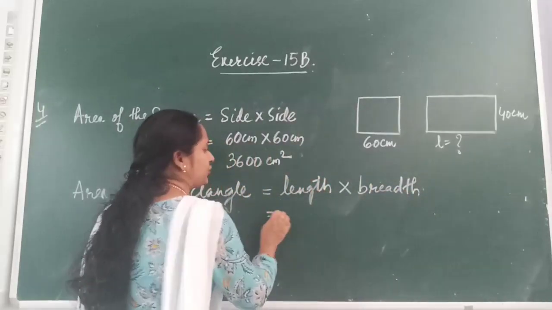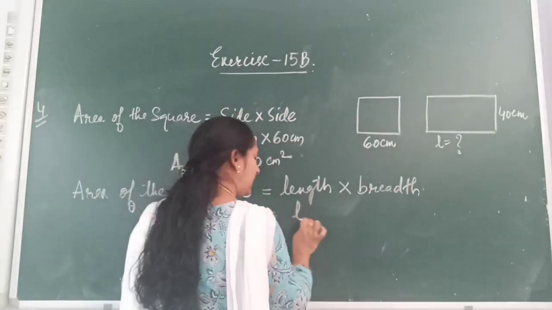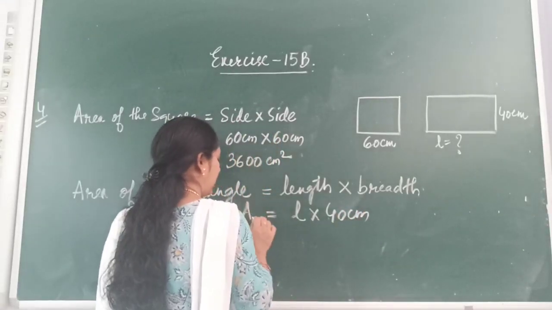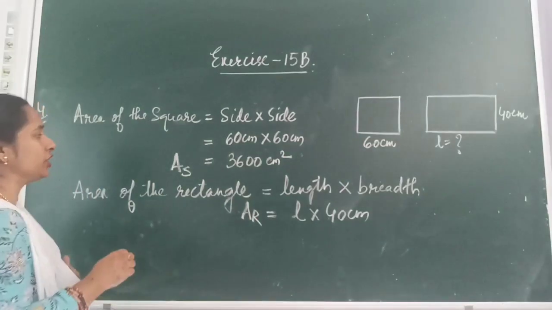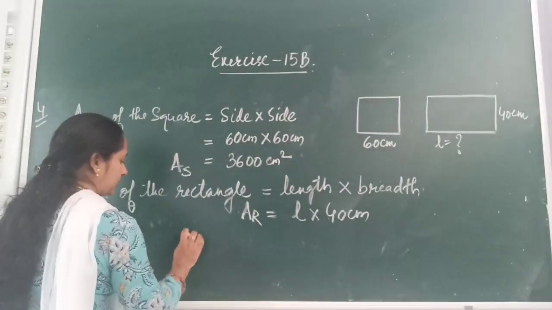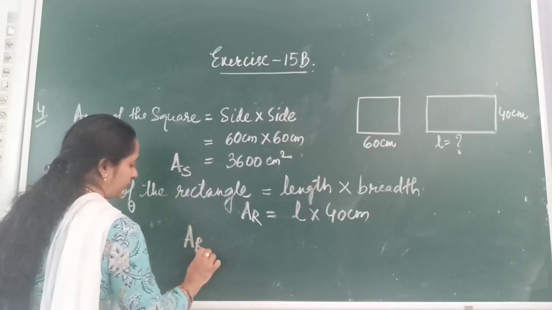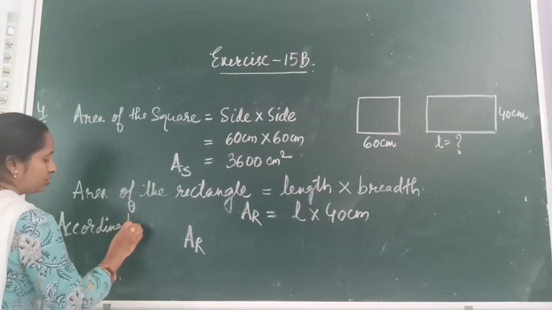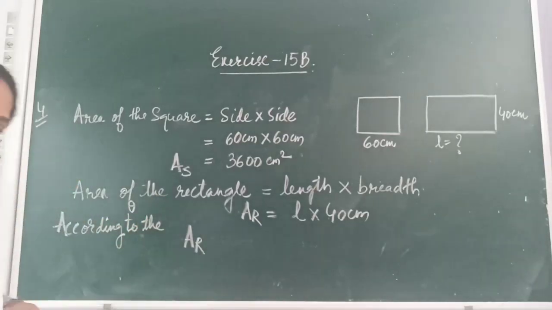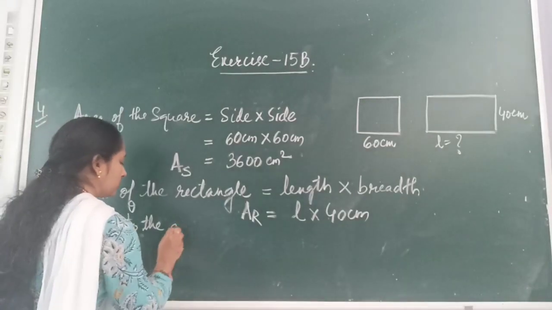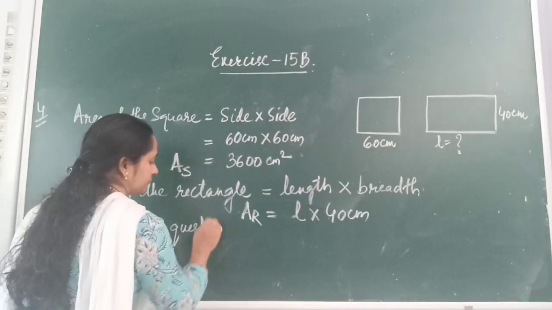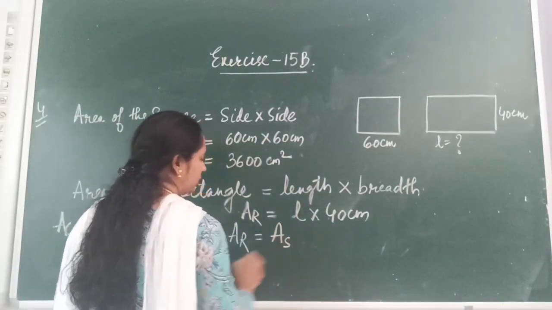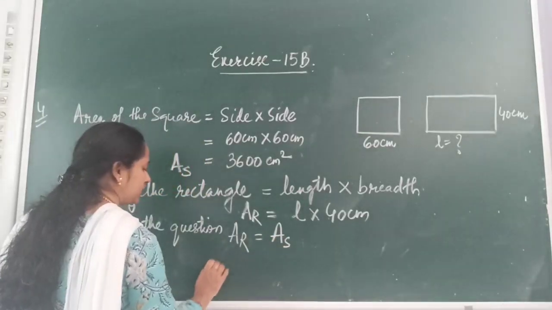So let us assume the length of the rectangle to be L. Now what is the area of the rectangle here in this case?